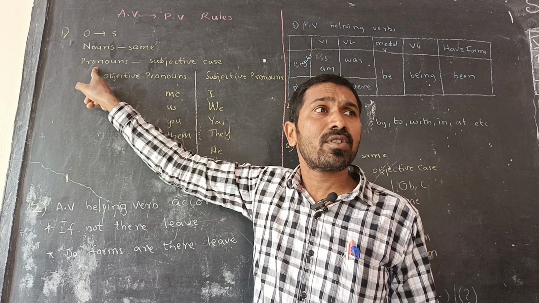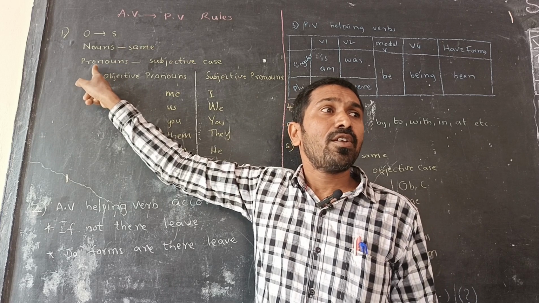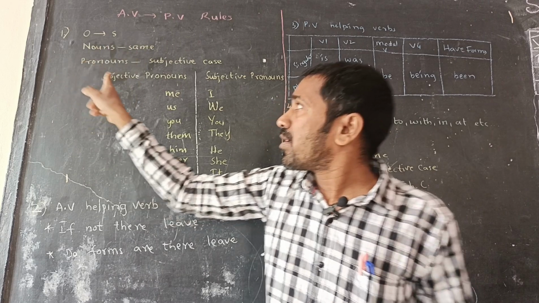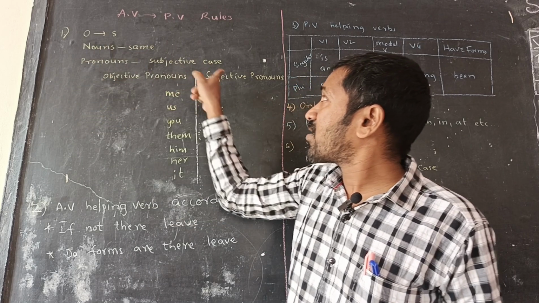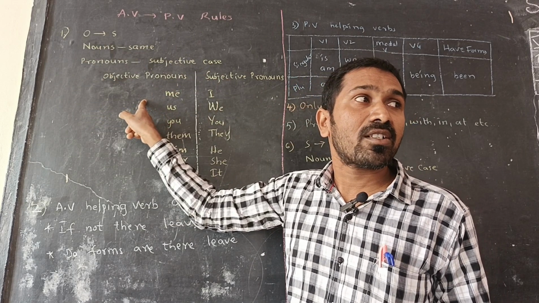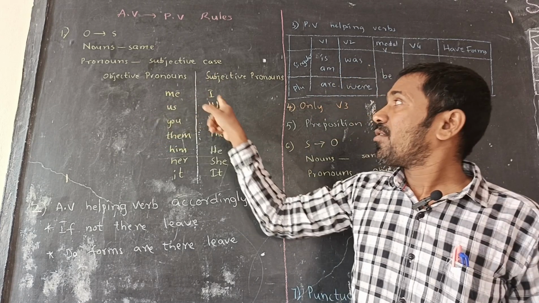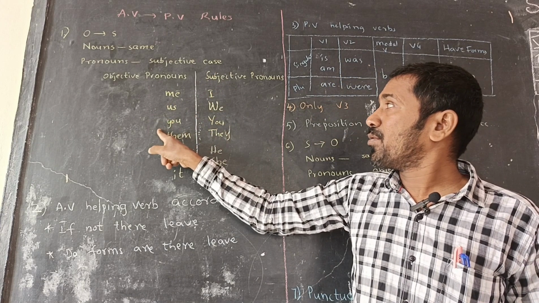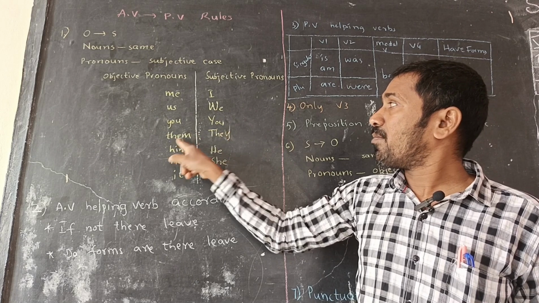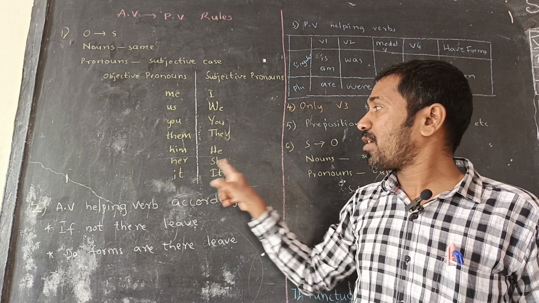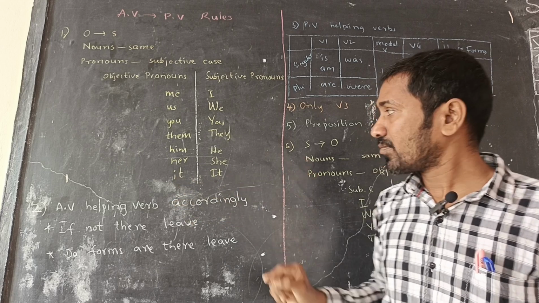And if there are any pronouns, you will have to change them into their subjective case. Objective case and subjective case pronouns: objective case me, subjective case I. Us, we; you; them, they; him, he; her, she; it.